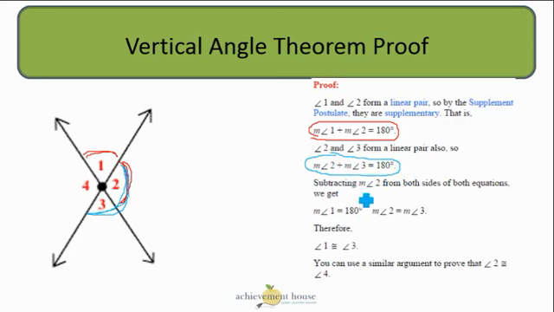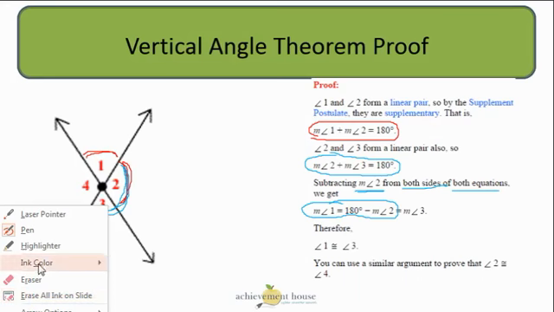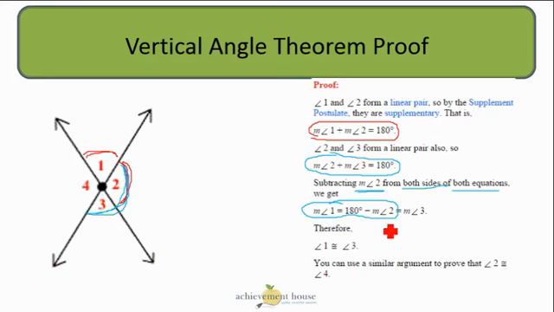So subtracting the measure of angle 2 from both sides of both equations, you're going to get the measure of angle 1 equals 180 degrees minus the measure of angle 2.